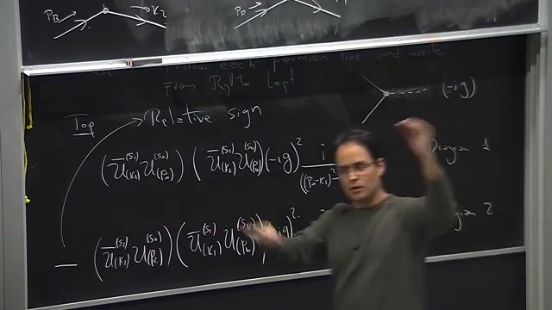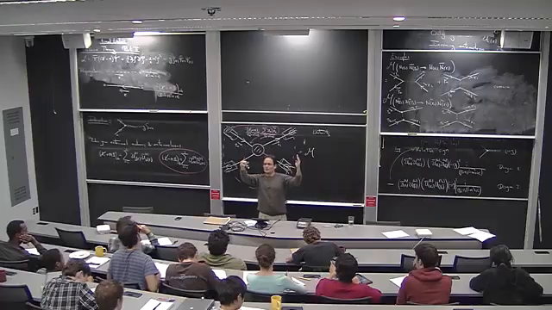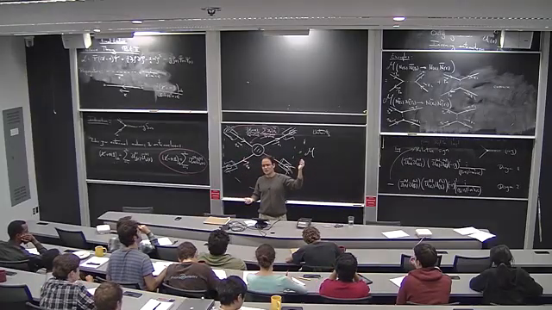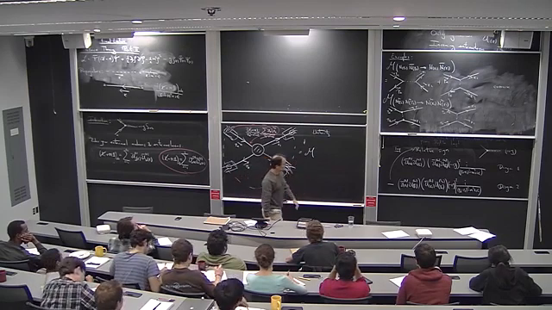If you have many, many fermion lines, you can draw all of them. You can imagine that the first set is fixed, and in the second set, you fix one, you make one choice, whatever choice you prefer, and then you compare the other diagrams with respect to that diagram, and if the permutation is even, you put a plus sign. If the permutation is odd, you put a minus sign.